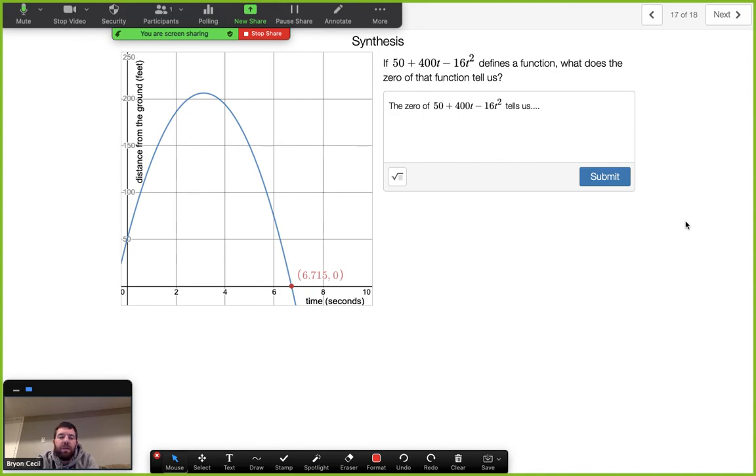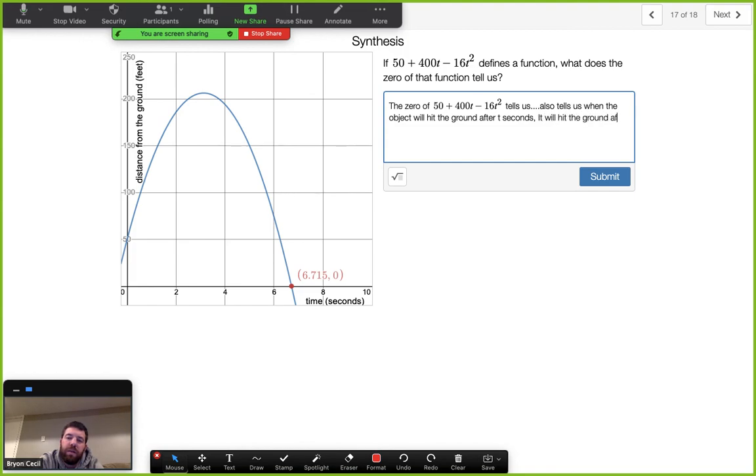What does the zero here tell us again, guys? Again, it also tells us when the object will hit the ground after t seconds. So in this case, it will hit the ground after 6.715 seconds.